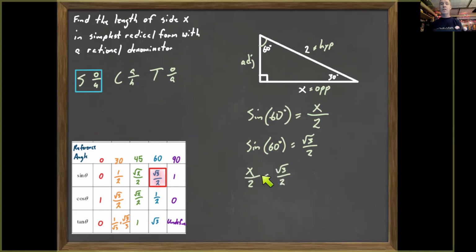And actually, if you notice that both the denominators are the same, then whatever is in the numerators must be equal to each other. And here's why. If I multiply both sides by 2, those all simplify to 1. So I'm just left with x equals radical 3. So that's a little shortcut. If you notice the denominators are the same, then the numerators have to be equal.